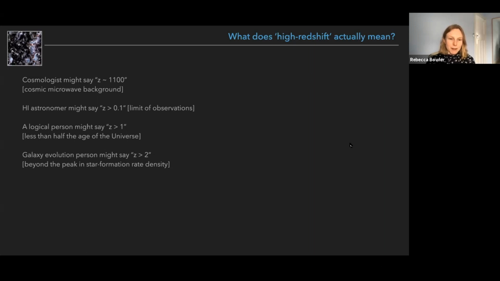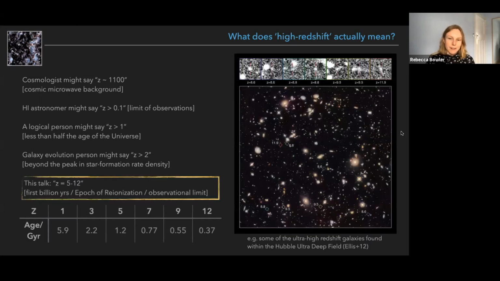A logical person might say redshift greater than 1, which would be less than half the age of the universe. And a galaxy evolution person might say redshift greater than 2, which would be beyond the peak in the star formation rate density, which I'll talk about a bit later. Just to clarify, what I'm talking about in this talk is the range of redshifts 5 to 12.